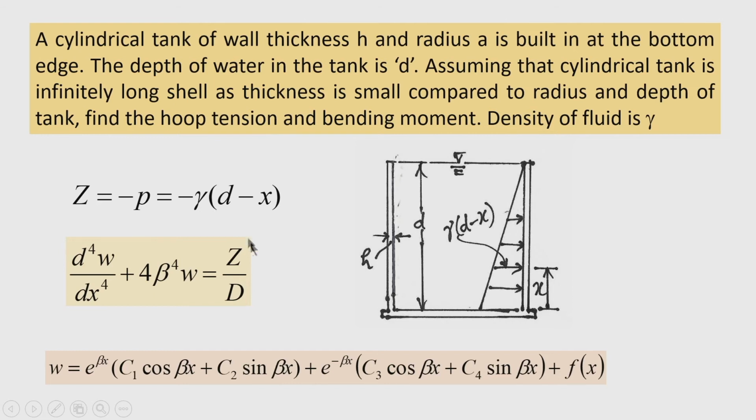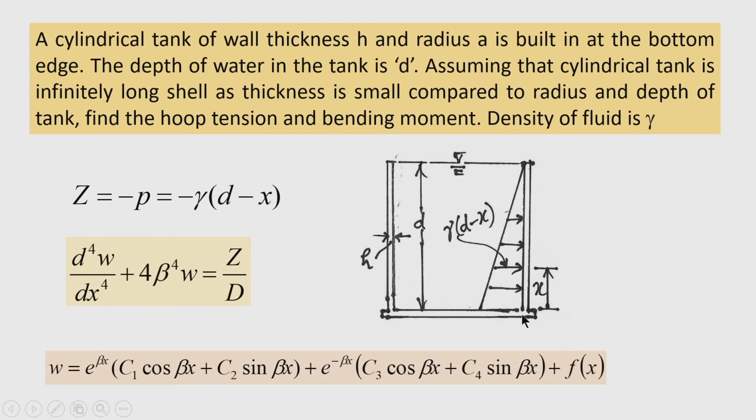Okay. So, we proceed with that differential equation d to the power 4 w divided by dx to the power 4 plus 4 beta to the power 4 w equal to z by D, where z is the internal pressure in the tank and at a distance x, x is measured from this base, base is taken as the reference plane.